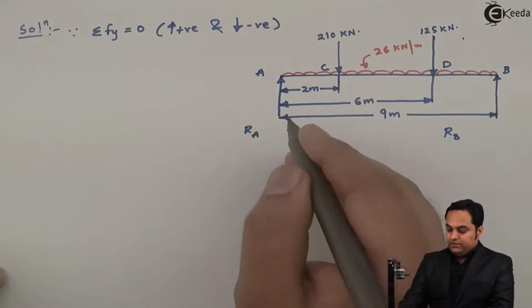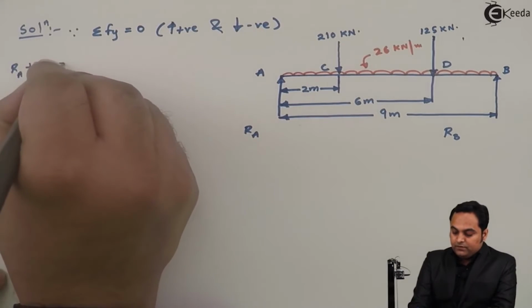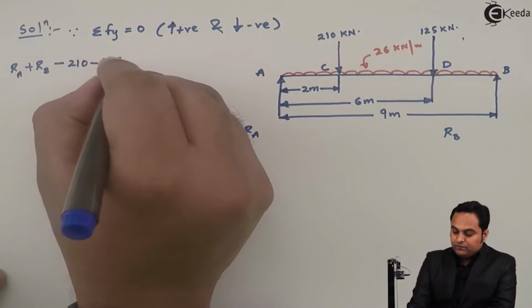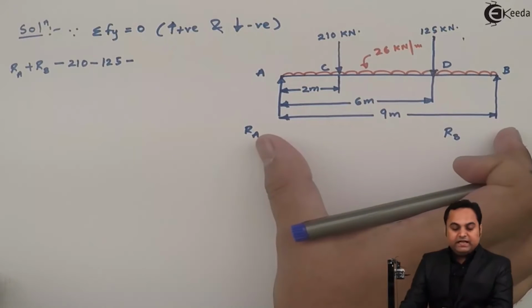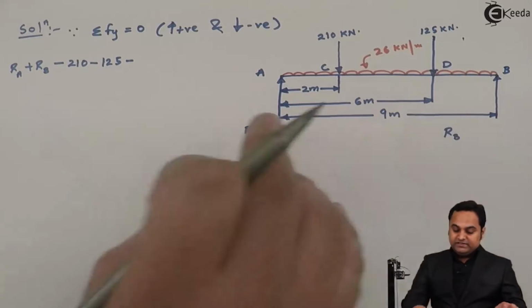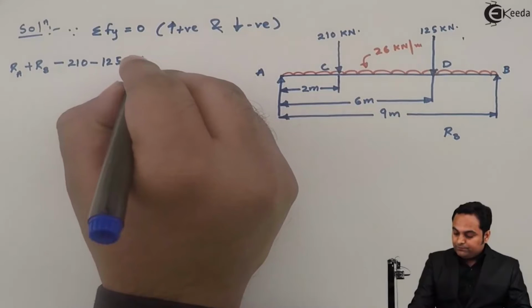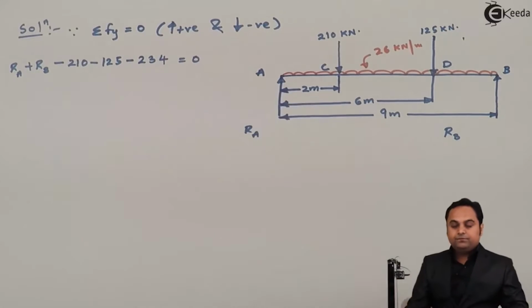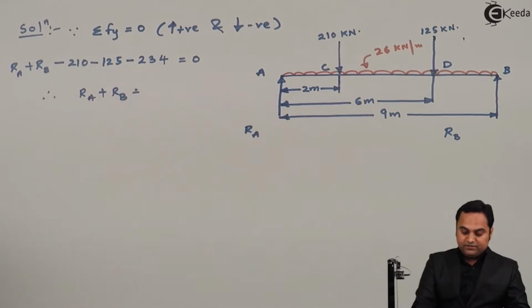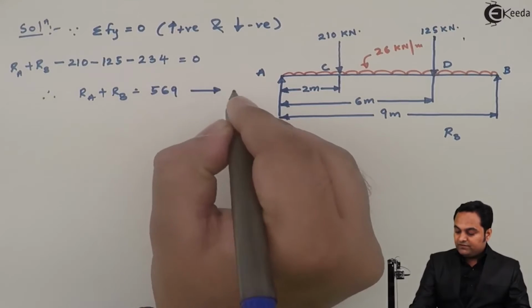Therefore RA plus RB minus 210 minus 125 minus 26 into 9, because I have to convert the UDL into a point load. 26 into 9 comes out to be 234. It's equal to 0. So when I add up, RA plus RB comes out to be 569. I'll keep this as equation number 1.